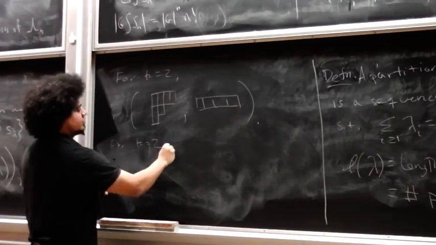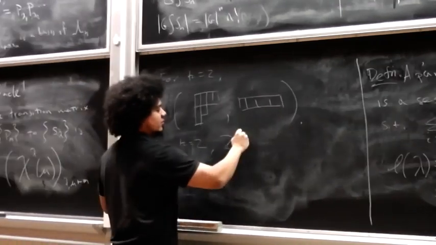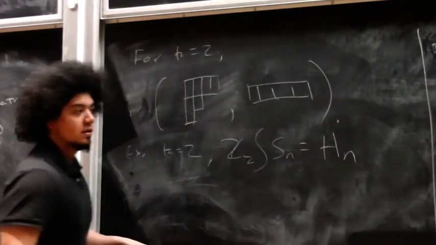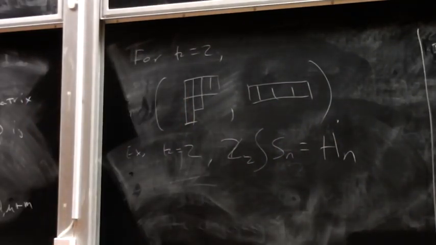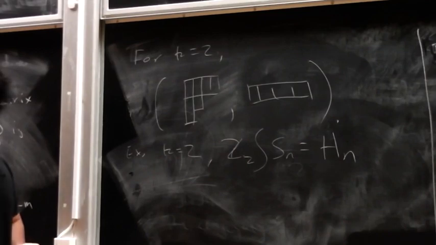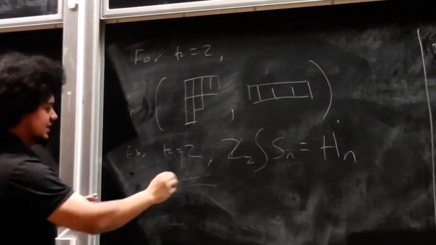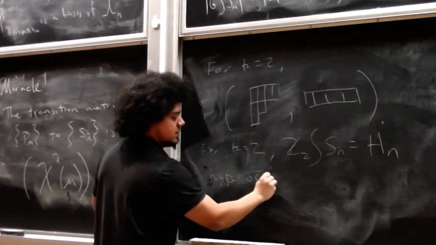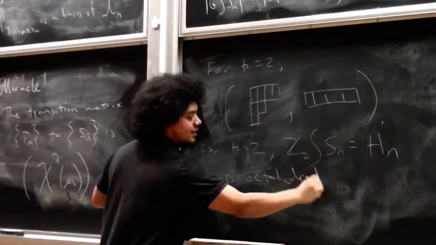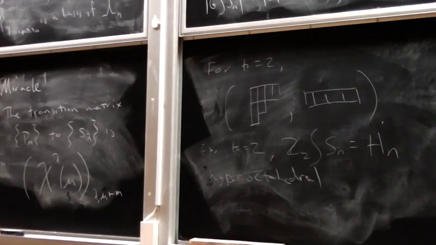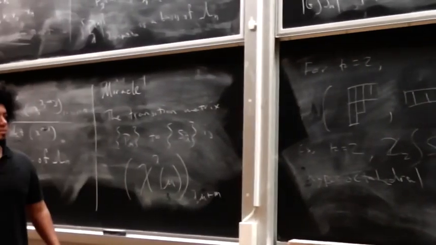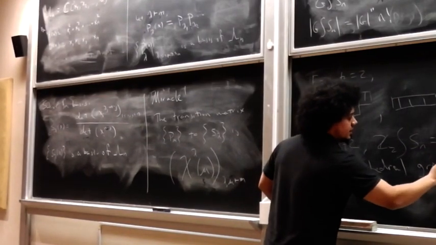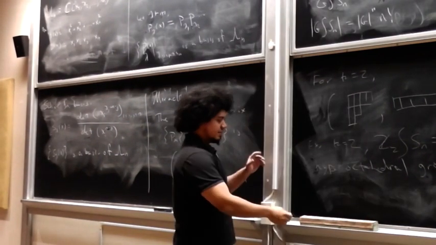When k equals 2, this group already has a name, and it's of interest to everyone. It pops up in Lie theory all over the place. This is the so-called hyperoctahedral group. Isn't this the group of the n-dimensional cube? Yes, isometries. It's generated by reflections.